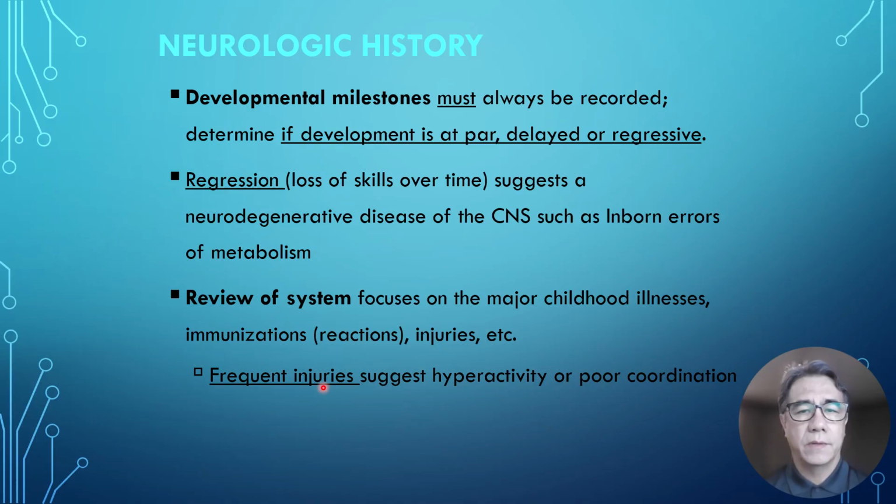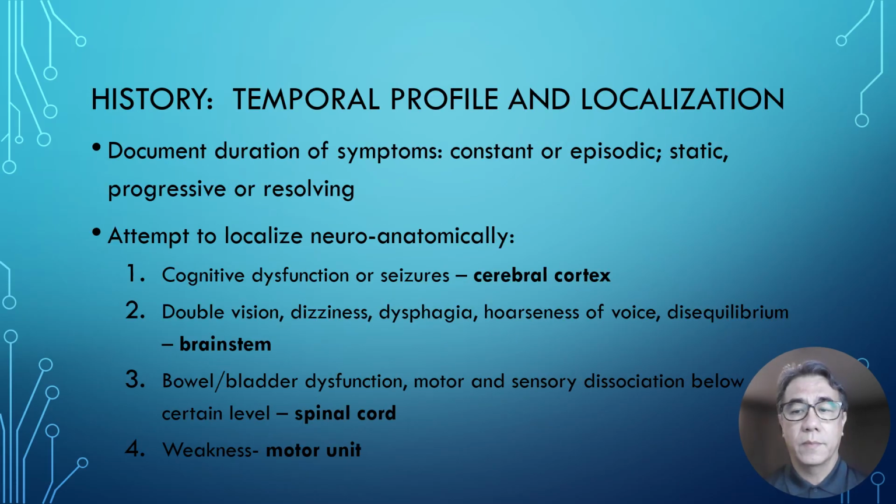And when we say regression, there is loss of skills over time, suggesting a neurodegenerative disease, such as inborn errors of metabolism. The review of systems should always focus on major childhood illnesses, immunizations and reactions to immunizations, and injuries, amongst other things, because frequent injuries may suggest hyperactivity or poor coordination.